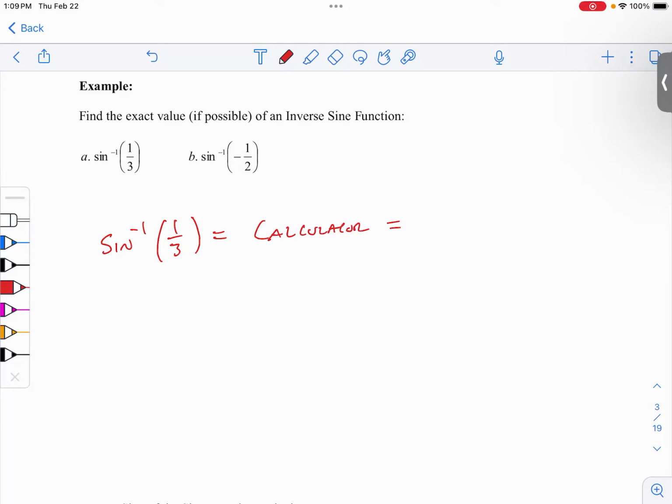On your calculator, the inverse function is the second button above the sine. So let's see, what mode are we in? I'm in radians. Sine inverse of 1 divided by 3 gives me 0.34 rads.